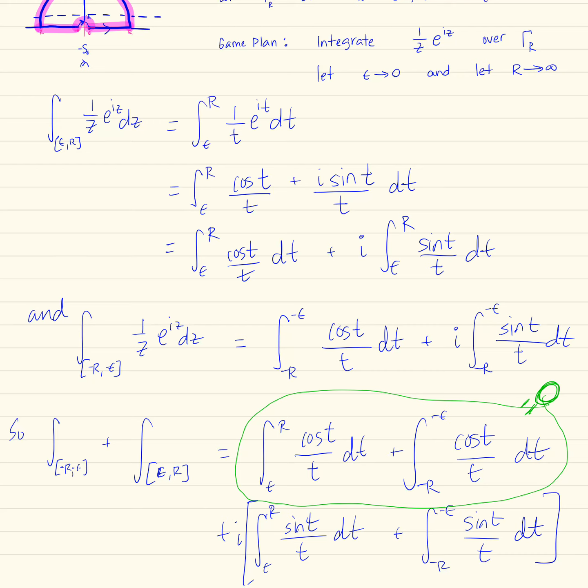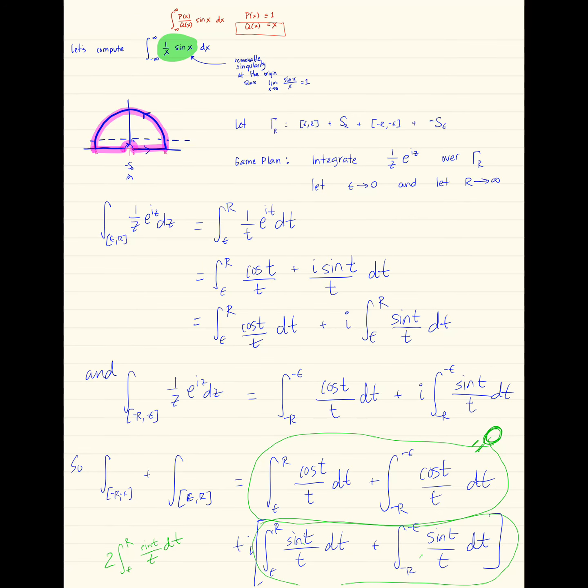And this sine t over t is even. So this part down here is going to be equal to 2 times the integral from epsilon to r of sine t over t dt.